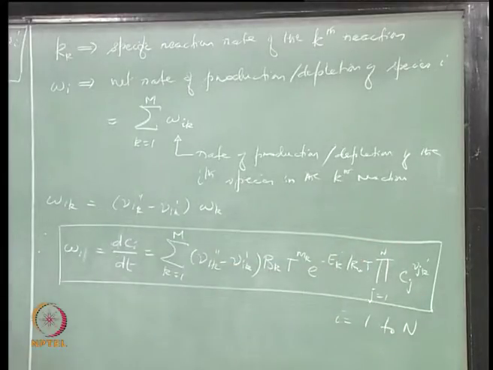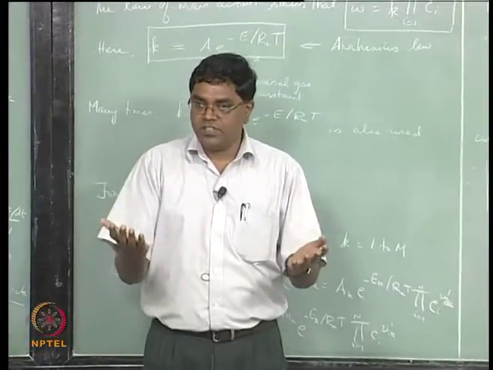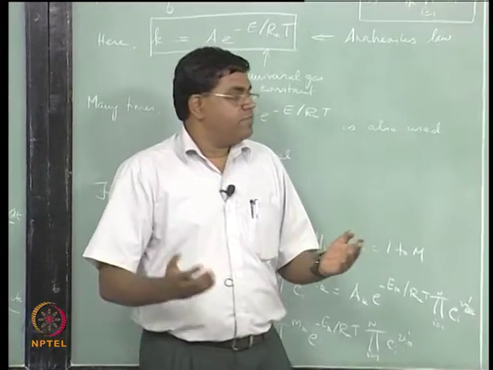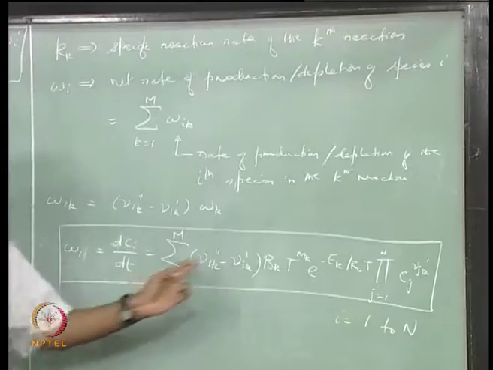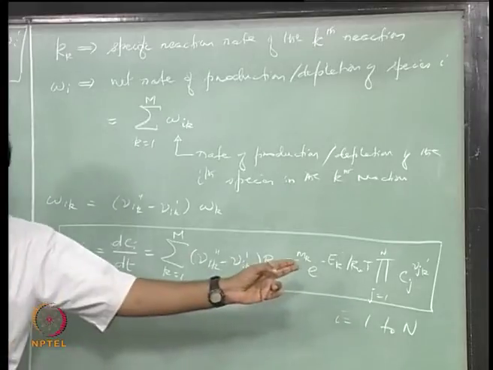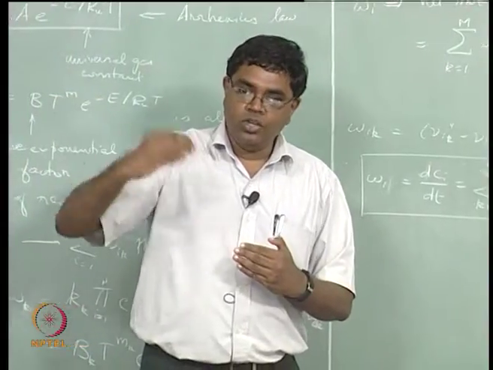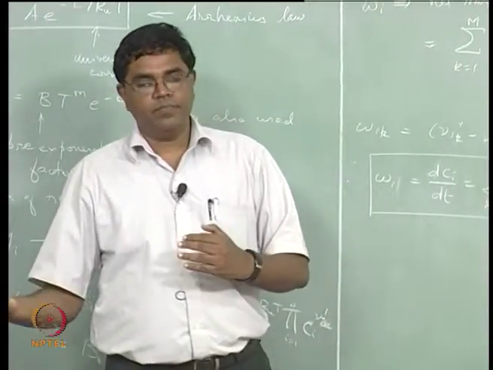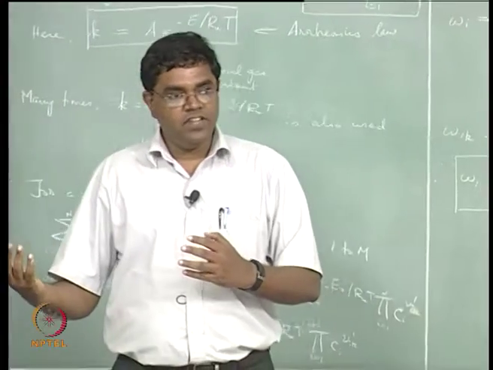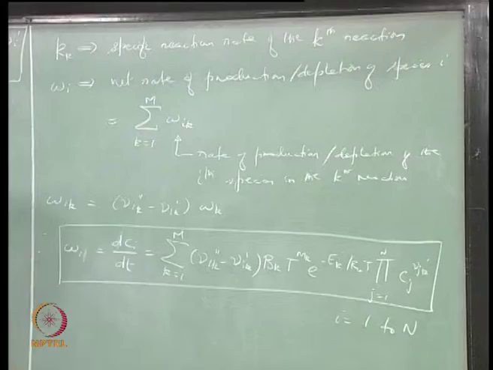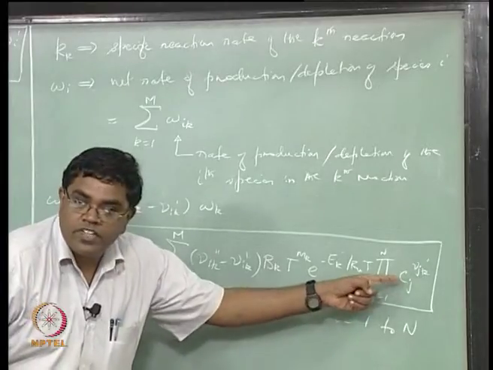So if I were to give the concentrations that are initially present for a set of reactions, from there I should now be able to do a time integration. So I now integrate this in time to go to the next step, next time, okay. During this time a lot of species would have got consumed, a lot of species would have got produced, all those things are actually present over here.